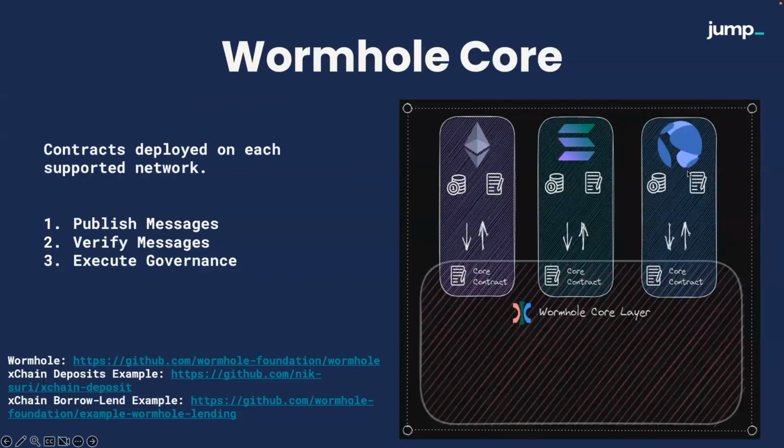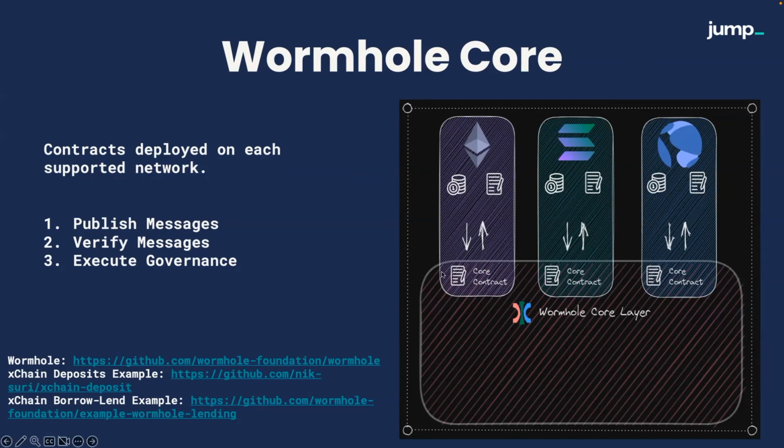So going into a quick overview of how Wormhole works technically. We have contracts deployed on every single network that we support, EVM, Solana, etc. And these core bridge contracts take care of three key things: publishing messages, which then get bridged to another chain, verifying messages that are coming from another chain, and then the third is executing governance actions.